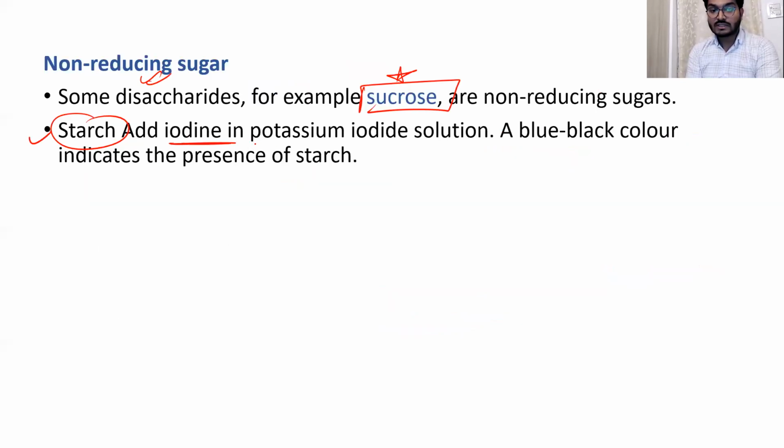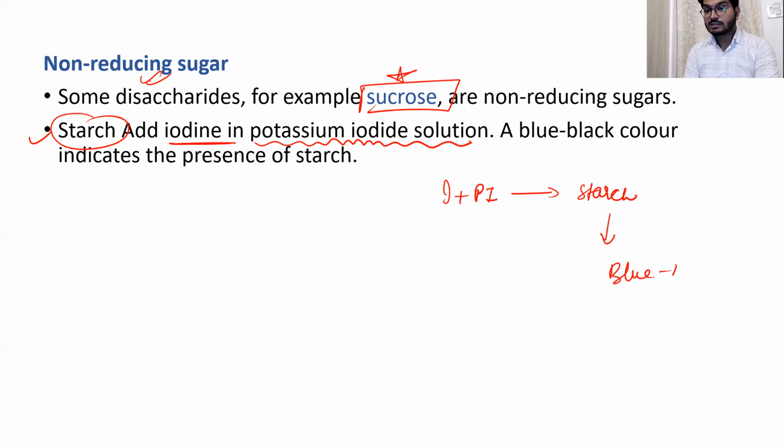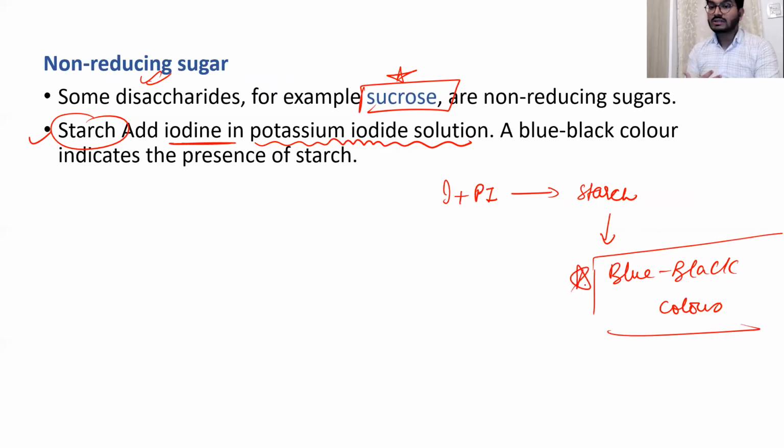We take iodine along with potassium iodide solution, and put a few drops of it on a starch-containing substance, say potato. If there is a change to a blue-black color, which is the specific color, this simply means this fruit or vegetable contains starch. So a few drops of iodine plus potassium iodide solution poured on the starch-containing item, and a change to blue-black gives the confirmation that it contains starch.